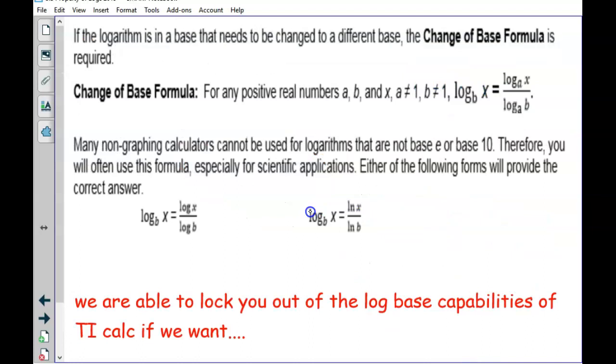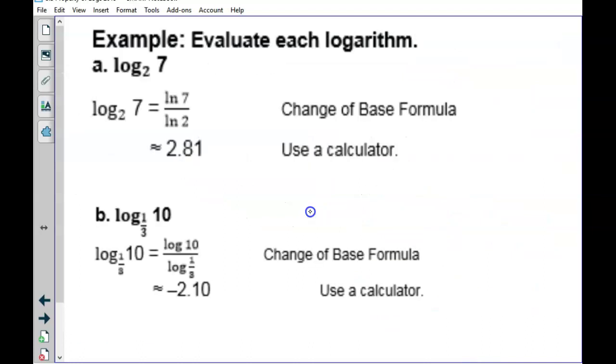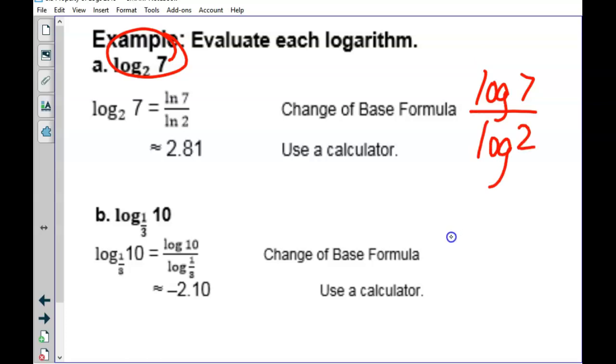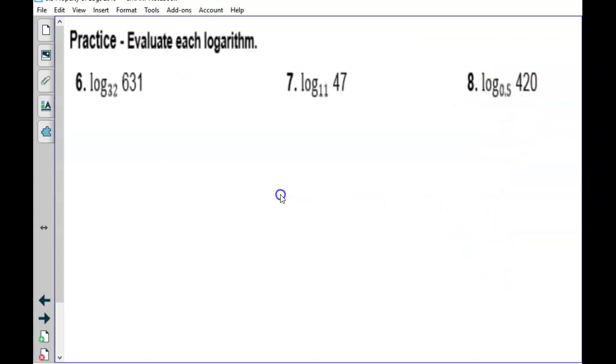So how would you type this? You could do log of 7 divided by log of 2, or you could do ln, okay? So this one you could do ln of 10 divided by ln of 1/3. So you have these. How are we going to type this one in?